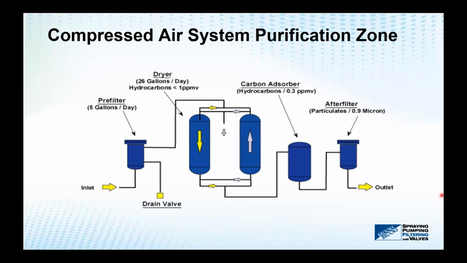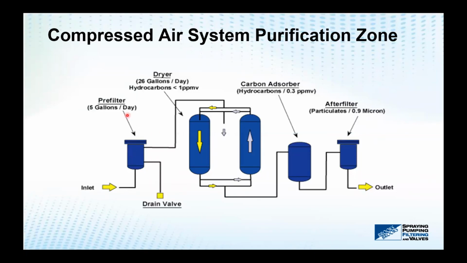And here I'm just showing again the various zones. So we're going to be elaborating a bit more on the purification zone. What we always like to do is assure that the coalescing filter is there. As Russ mentioned earlier, it's the last line of defense to remove liquids and aerosols.